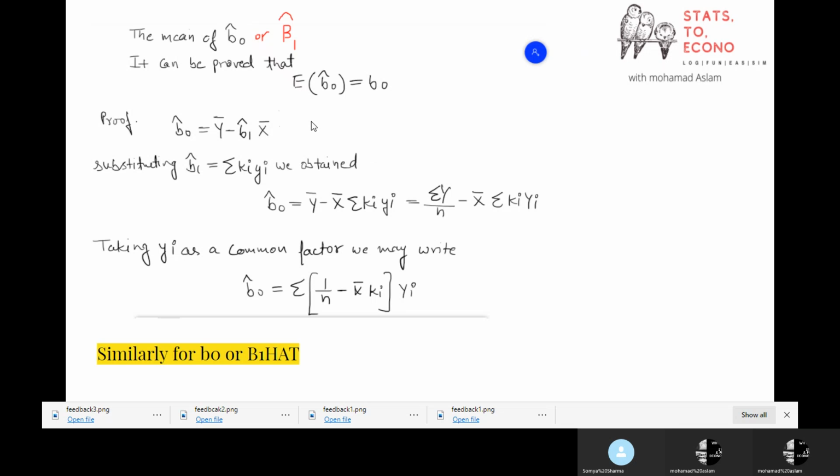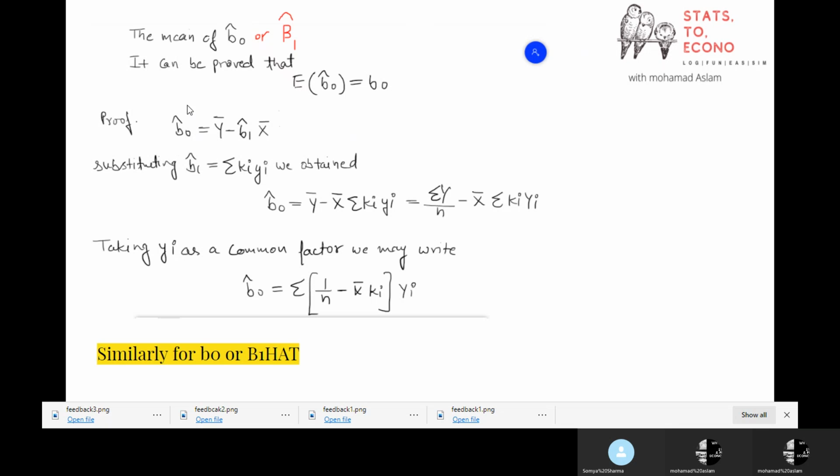Similarly, for this beta 0 hat, the intercept coefficient, first let's prove that it is also an unbiased estimate, then find its variance. And then let's see how these variances are efficient, or minimum variance, this particular property of the OLS estimates.